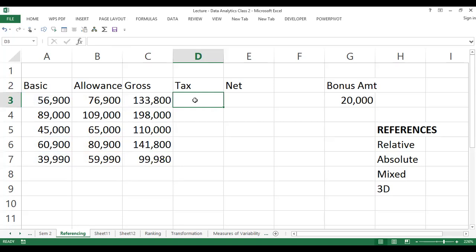So the same thing with tax equals, let's say gross times, let's assume the tax is a flat rate, which is usually not, 15%, 0.15.